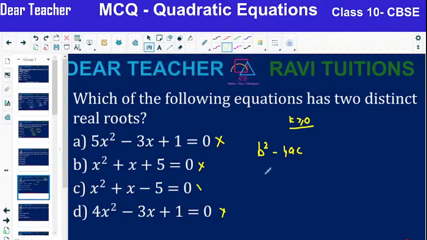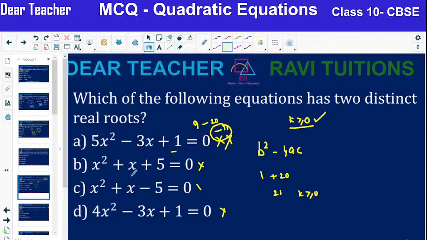Let us check it. b square is 1, minus into minus plus 20, so 21. So this is greater than or equal to 0. Here let us see, 9 minus 4 fives are 20, minus 11. Wrong answer because it should be greater than 0.